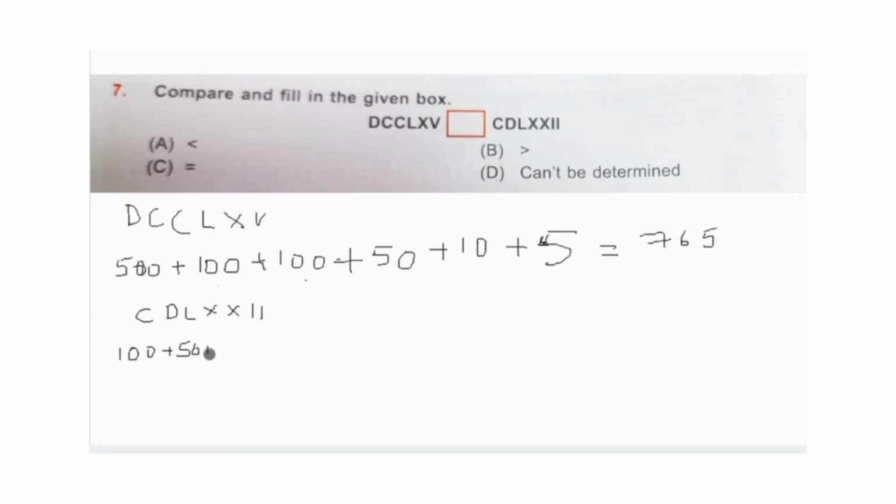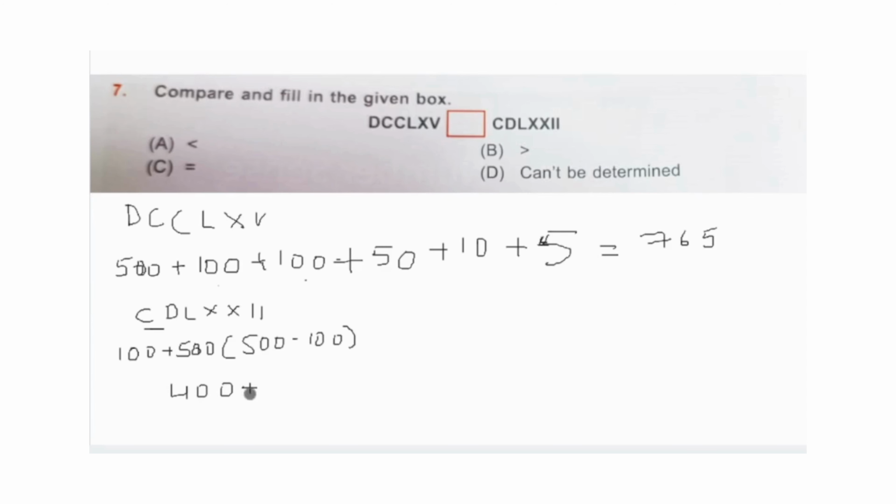Since the value of D is 500, which is greater than C, you need to make sure you subtract this number, and it's going to be 500 minus 100. The value of C and D together is going to be 400.